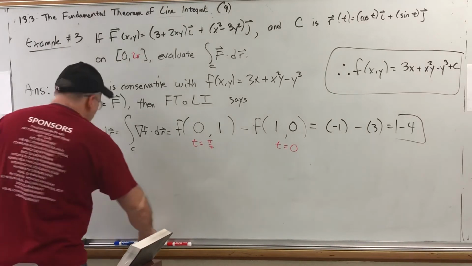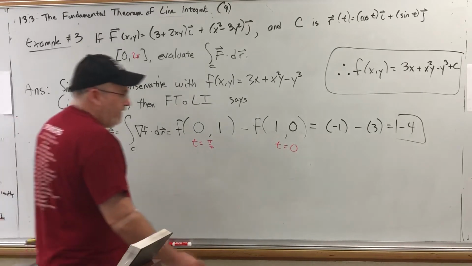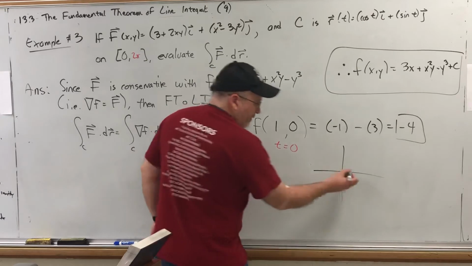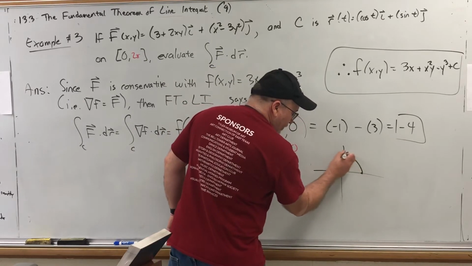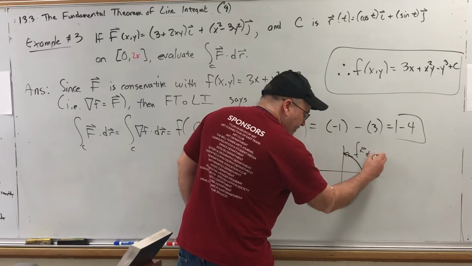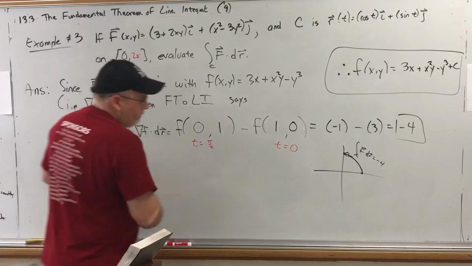So here's another one to think about. I just want to try to get you thinking abstractly. We know that from here to here, the integral is equal to -4. We just got that.